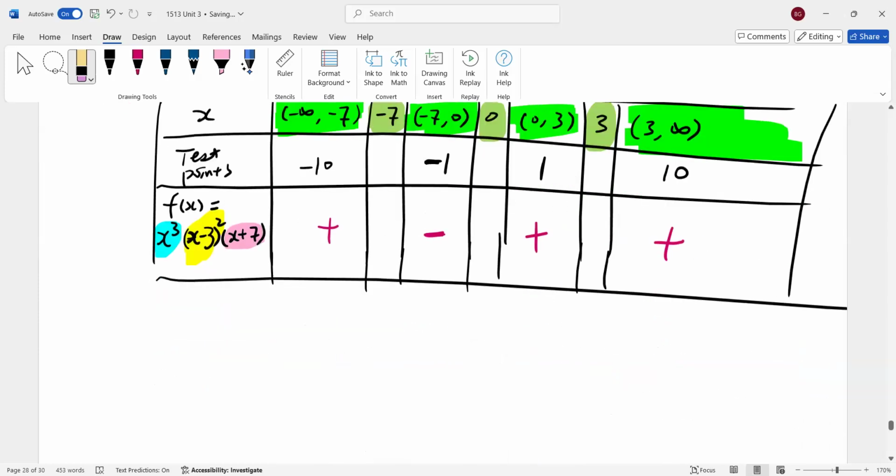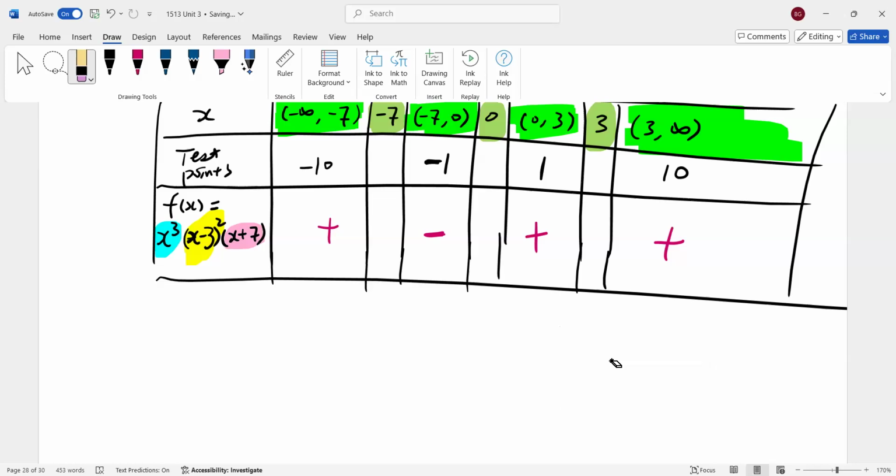That means the curve, let's say this is 3, touches 3 and bounces back. That's the reason from 0, this is 0, 0 to 3 is positive, above the x-axis. But from 3 to positive infinity is still positive. It's still above the x-axis. I hope you see this. It's good to know, to make sense. Use the previous knowledge here.